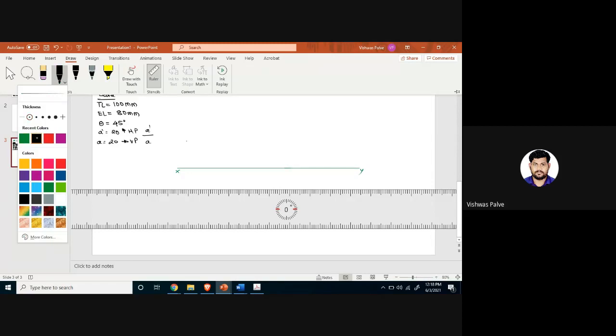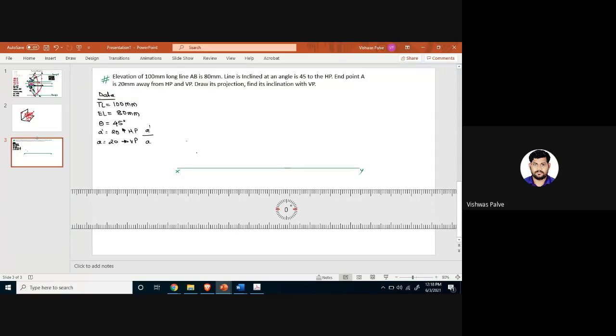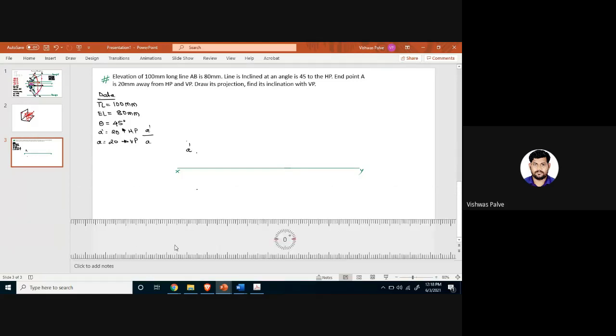Twenty mm. Can we locate point A dash? Yes, A dash 20 mm and point A 20 mm. Approximately, I am taking these points.